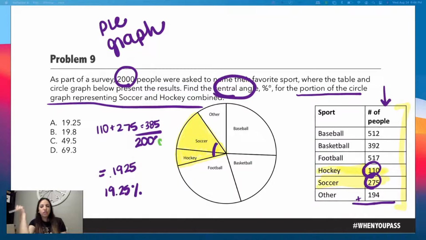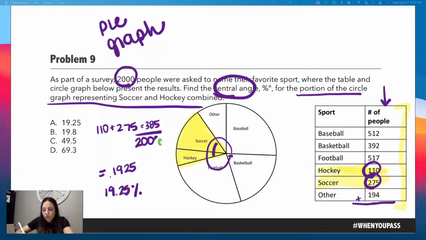However, they asked us for central angle in degrees. And so to find the degree of that angle, I have to find what is 19.25% of 360 degrees. Where did I get 360 from? Because the number of degrees in a circle is 360.